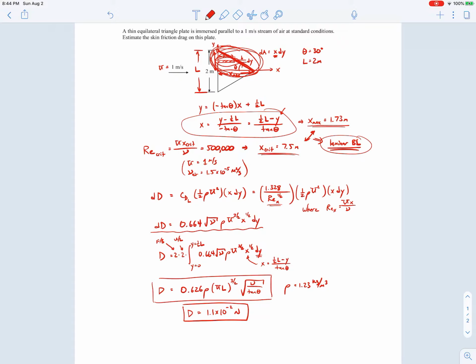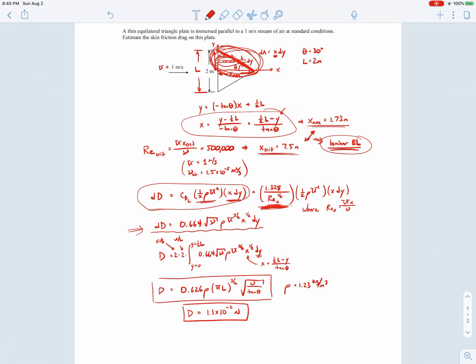Then we found the drag on one little rectangular strip that's given right here. It's just the drag coefficient times the dynamic pressure times the area of that little strip. To get the drag coefficient, we recognized that since it's a laminar boundary layer, it'll be the Blasius relations for laminar boundary layers. So we looked up the drag coefficient for a laminar Blasius style boundary layer.